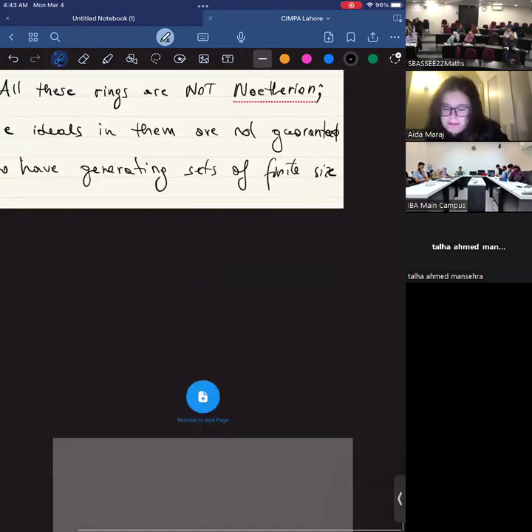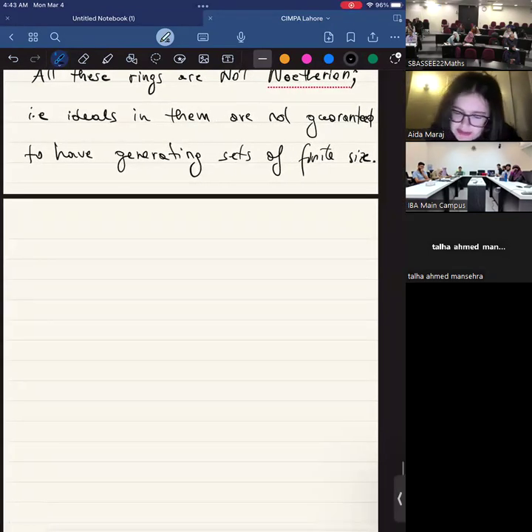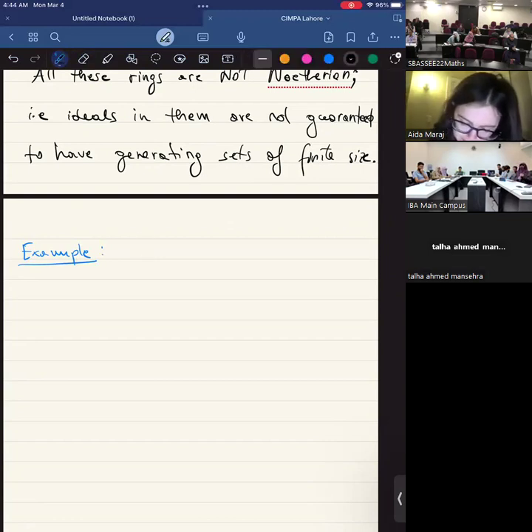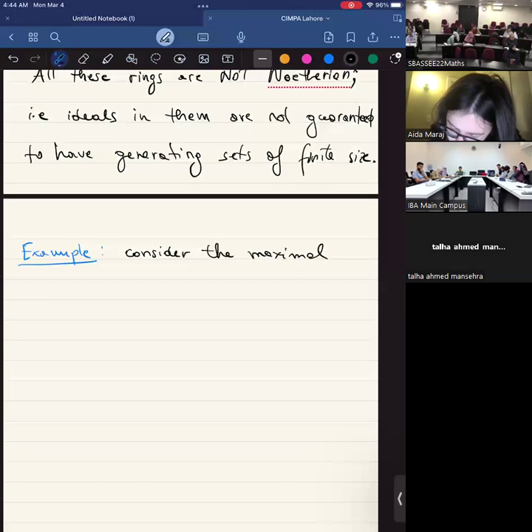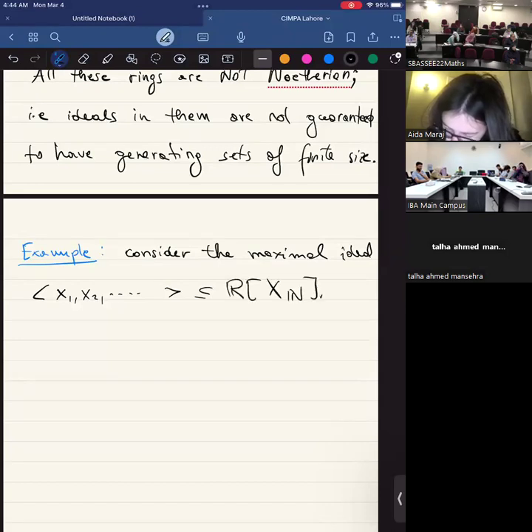One example. Let's take just a simple example: the maximal ideal generated by x1, x2, and so on in this polynomial ring R of x_n.